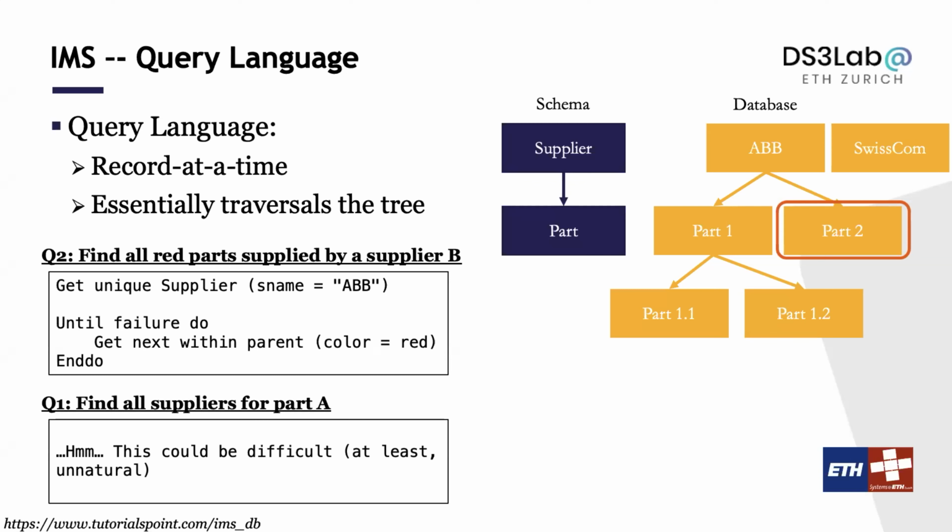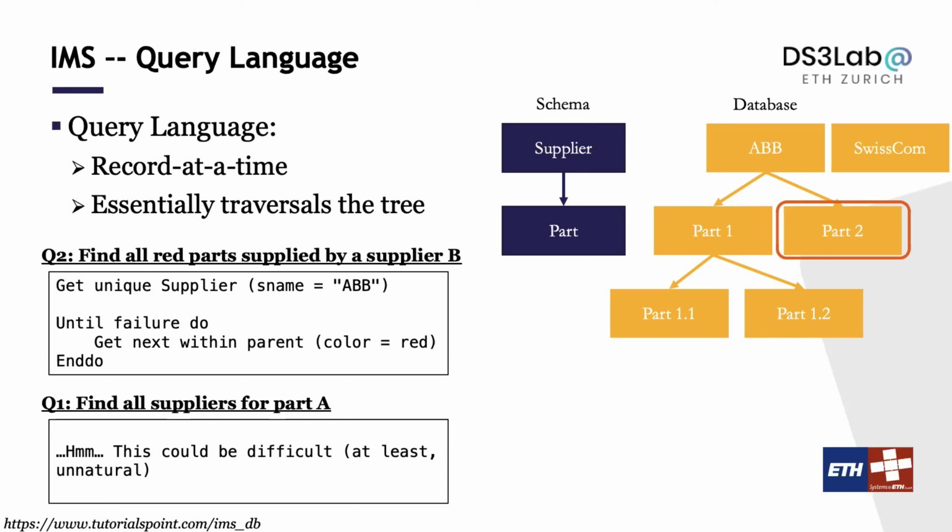It's very hard for me to find a part and go back to the parent. So this is one thing that becomes interesting. You're going to see a limitation here, because we are enforcing a certain notion of how the data is organized in IMS. When you query it, different types of queries might be difficult to implement, right?